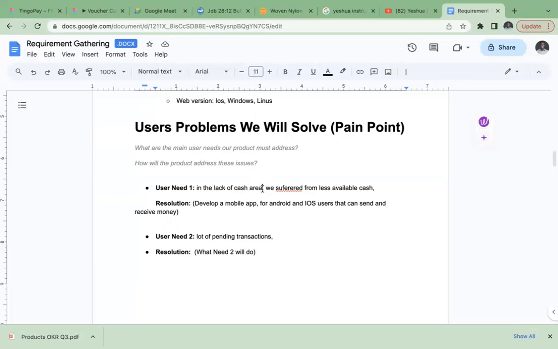So we needed to get them to the bank and change them to new notes. Meanwhile, the new notes were not available either. They made them scarce so that there would be lots of old notes in the economy and very few new notes, so that it would solve some inflation issues. So we suffered from less available cash in the economy.